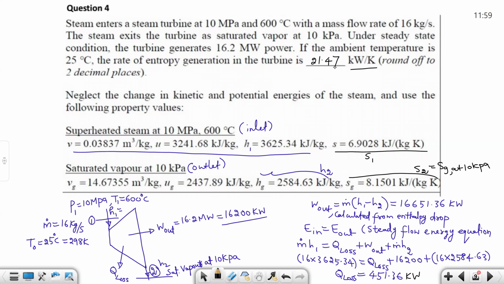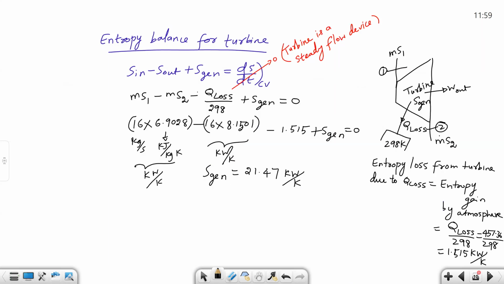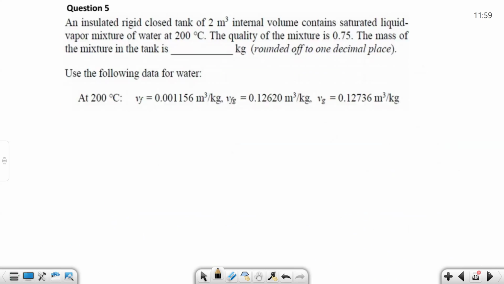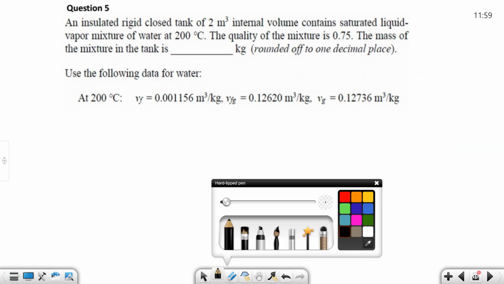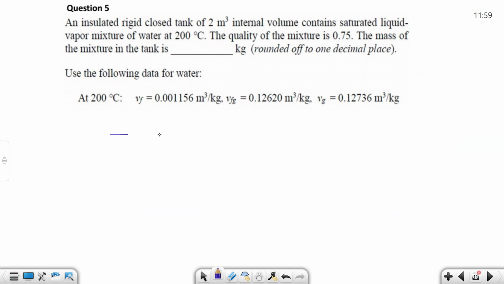Okay, so now we go to question number 5. An insulated rigid closed tank of 2 meter cube internal volume contains a saturated vapor mixture at 200 degrees centigrade.